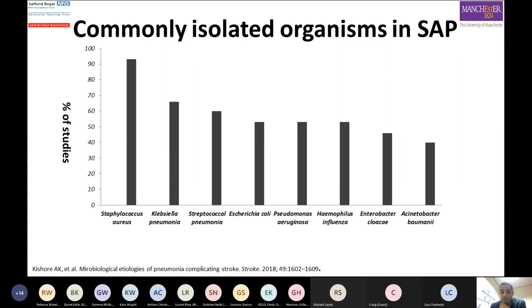Unfortunately, despite several thousands of studies on stroke and several hundreds of studies on infection, we could only identify 15 studies which identified bacteria following pneumonia. And this is not surprising because, as you can imagine, it's quite hard to take sputum cultures of non-ventilated stroke patients, and at best we would probably get blood cultures out of people who are having fever.